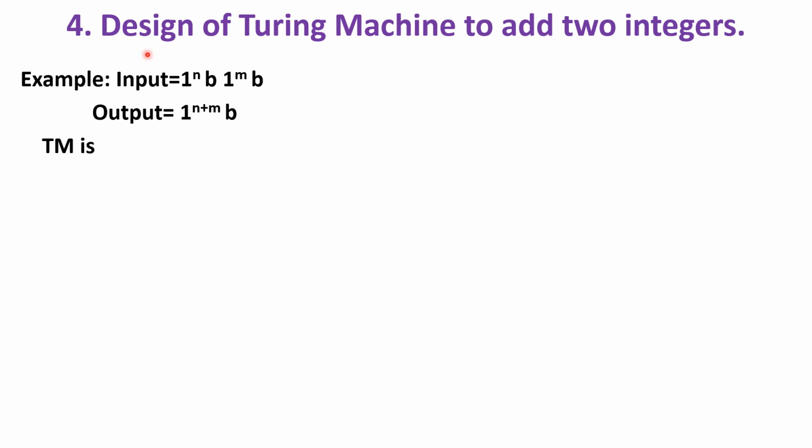Let us see the next language, to design a Turing machine to add two integers. Input is n number of ones followed by m number of ones separated by a blank, and output is n plus m number of ones. So the logic is very simple.